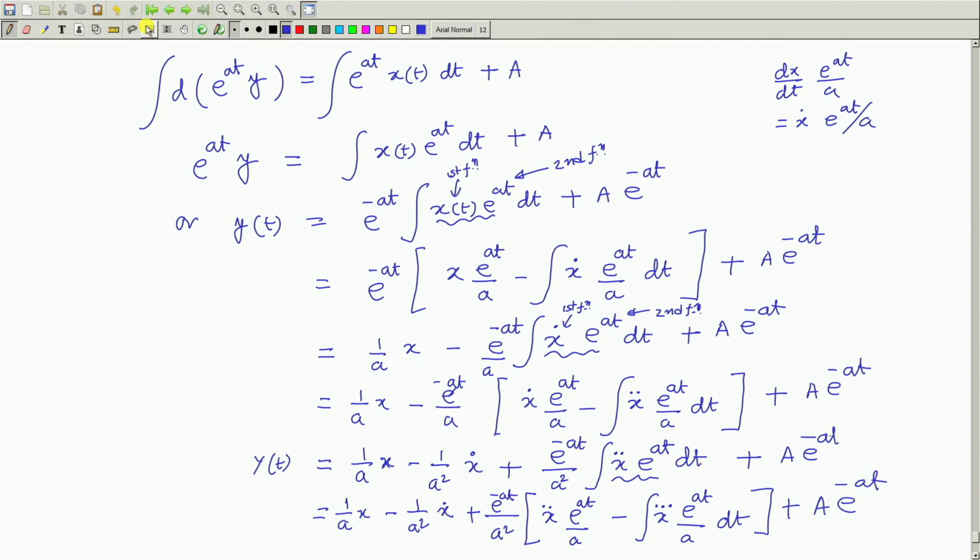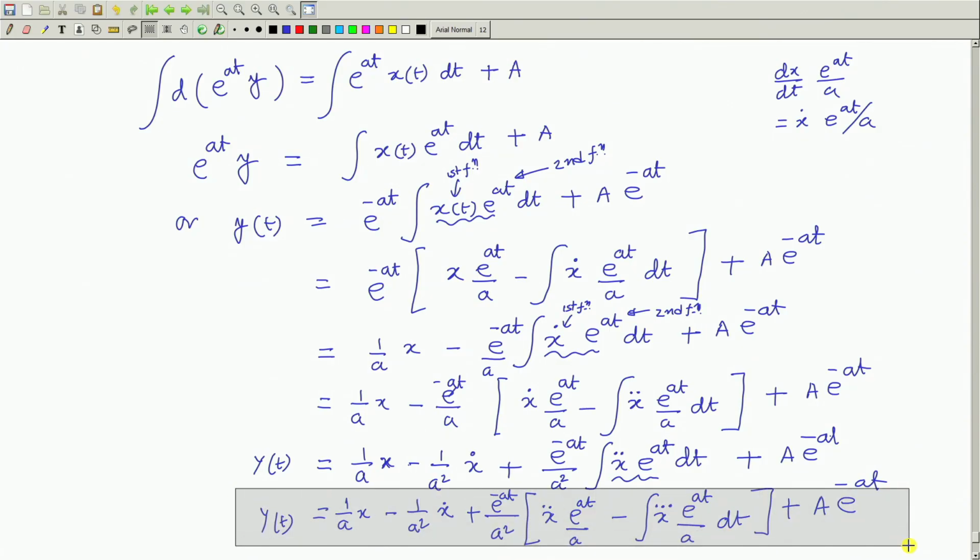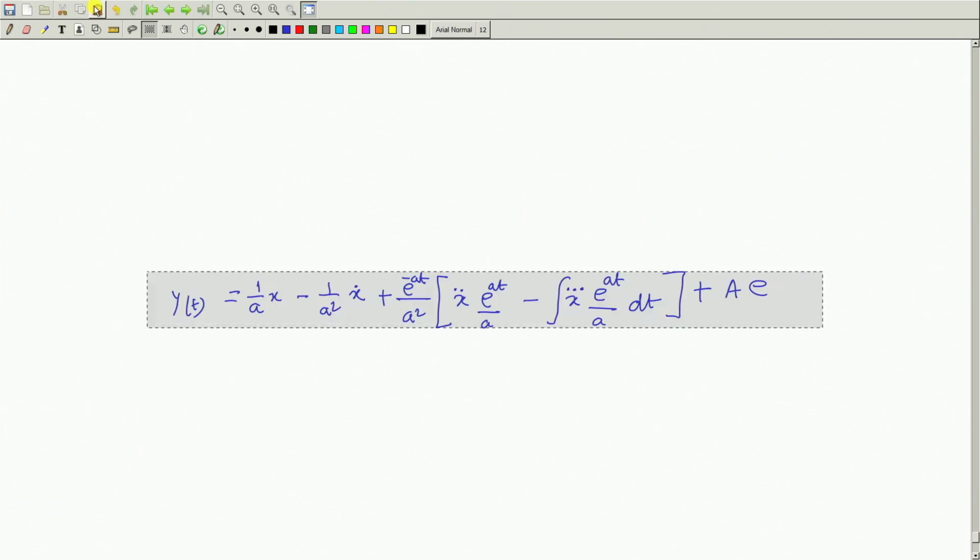Now, this is equal to your y t. What I will do is this: I will copy this last step. Copy this here, go to the next page and paste it.